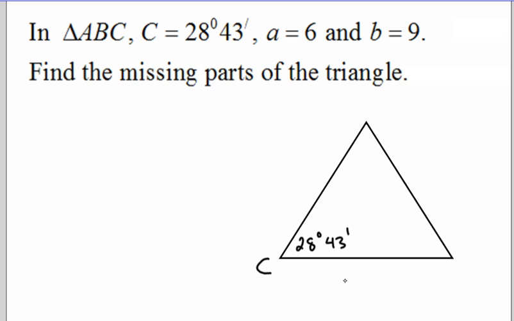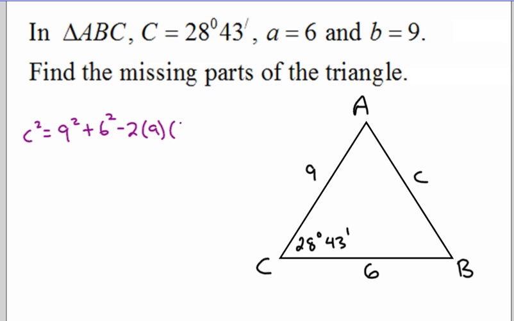So this is side C. Maybe you call this angle A, so this is side A. This is angle B, so this is side B. All right, again, we don't have an angle pair match, but we know an angle and the two sides it is in between. So we use the law of cosines to find side C to start with. So C squared should be 9 squared plus 6 squared minus 2 times 9 times 6 times the cosine of 28 degrees, 43 minutes.